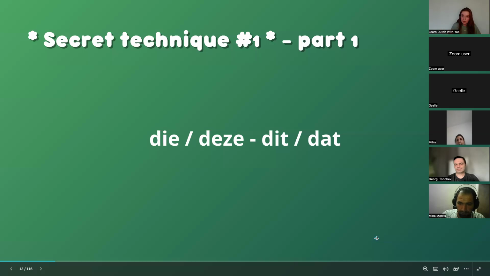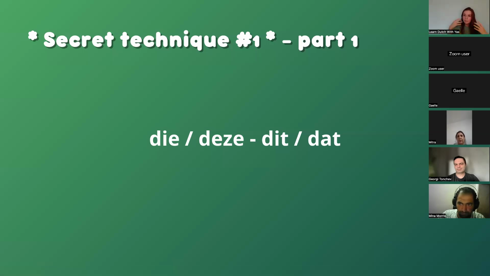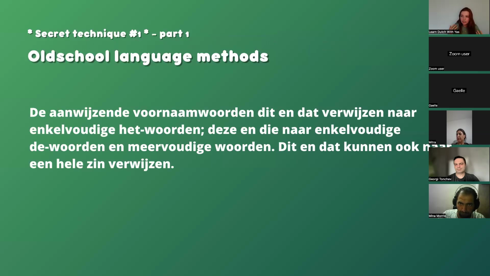That's why, for example, I'm going to be explaining a better way to learn grammar rules with, for example, die, deze, dit, dat. So in traditional language schools, they would be giving you a rule like this. So for example, de aanwijzende voornaamwoorden dit en dat verwijzen naar enkelvoudige het-woorden, deze en die, en naar enkelvoudige de-woorden en meervoudige woorden.